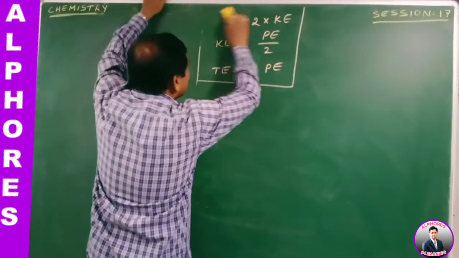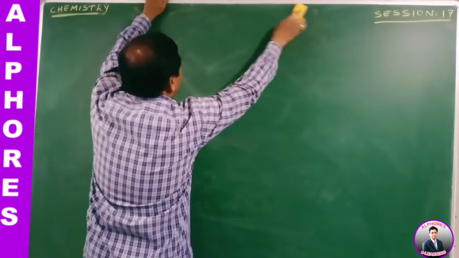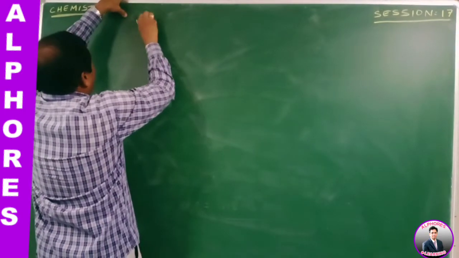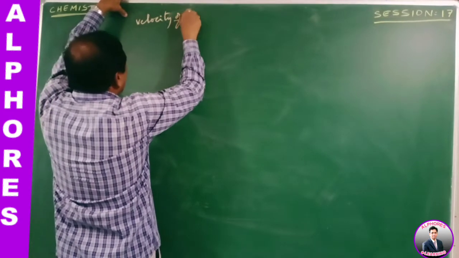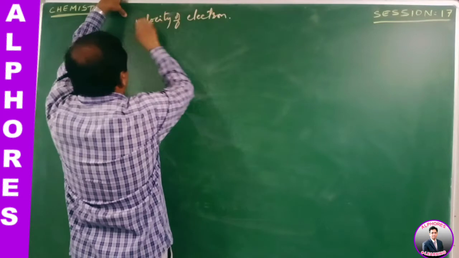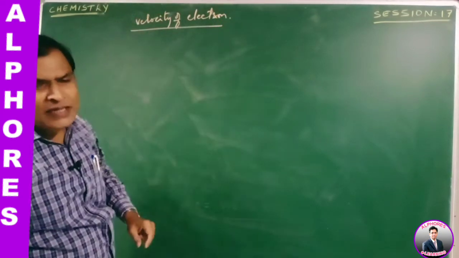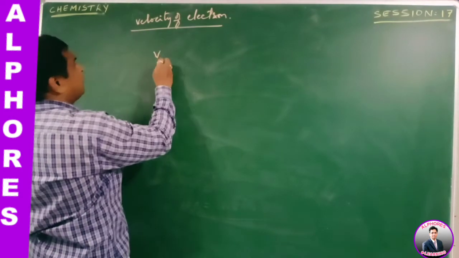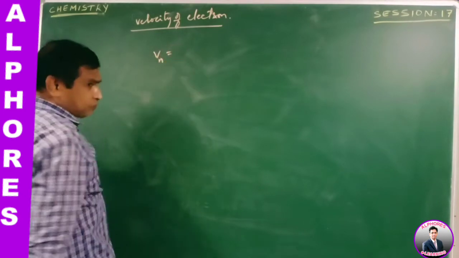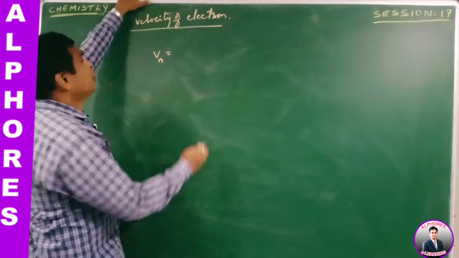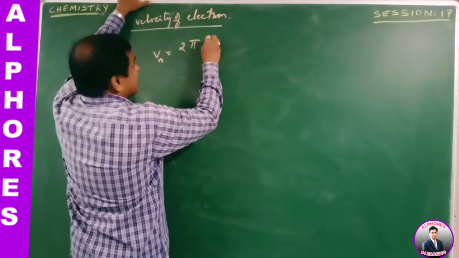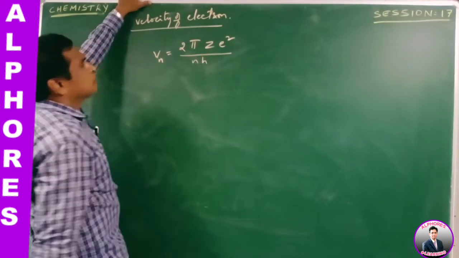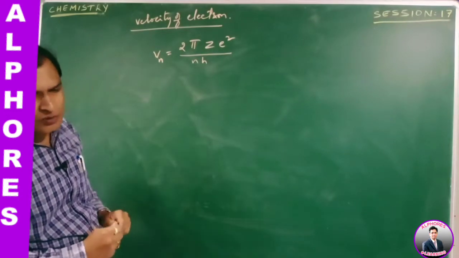Velocity of the electron in the nth orbit is equal to 2 pi Z E square by n h.